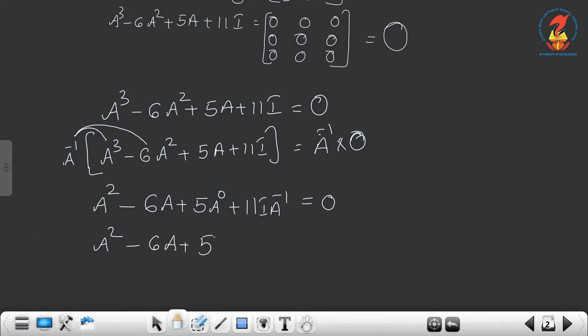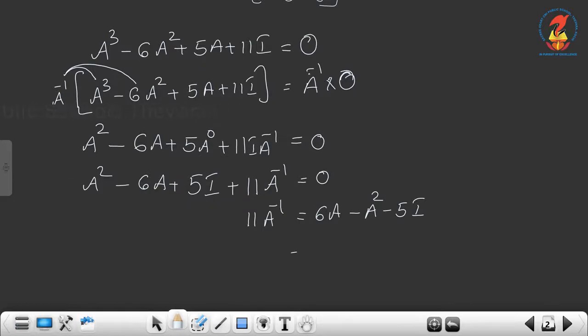For matrix simplification we need to write 5 as a matrix. So we can write 5I plus 11 into A inverse times identity matrix is that matrix itself. So 11A inverse is equal to, taking other terms to the right hand side, 6A minus A square minus 5I.